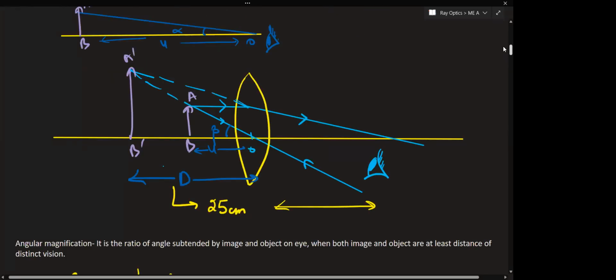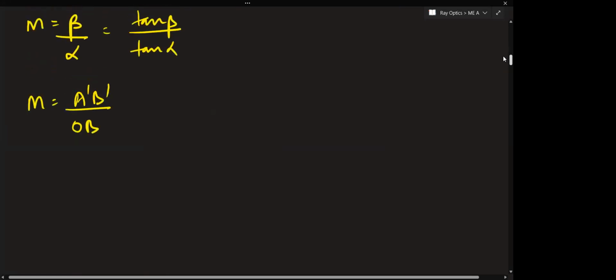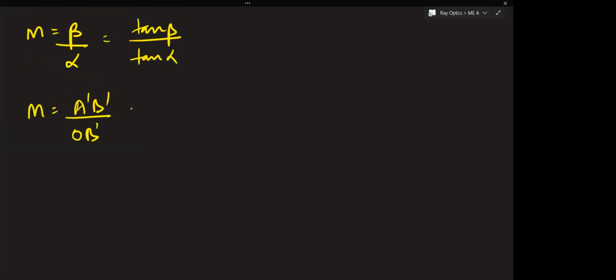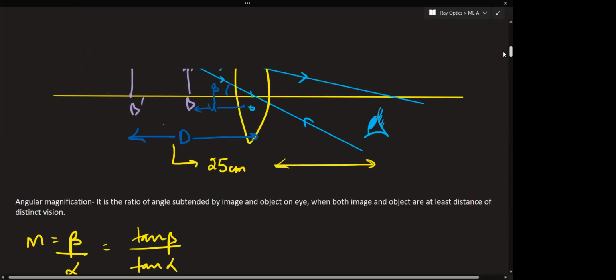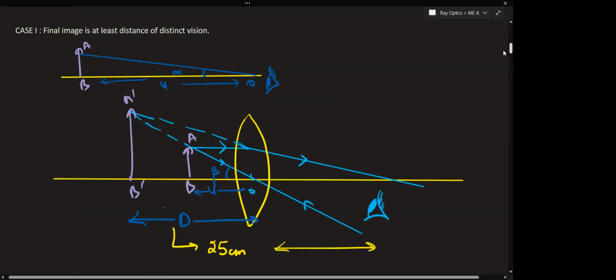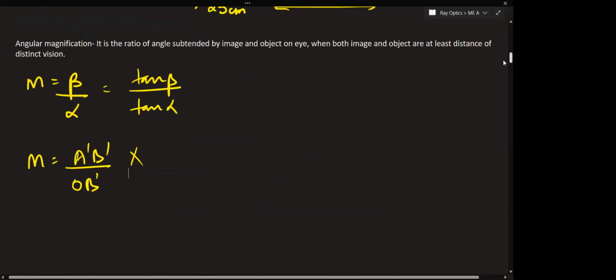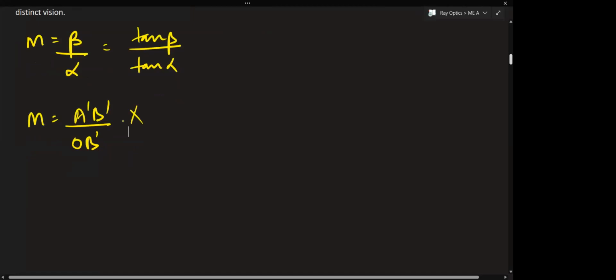A dash B dash by OB dash. Okay. And tan alpha was AB by OB.